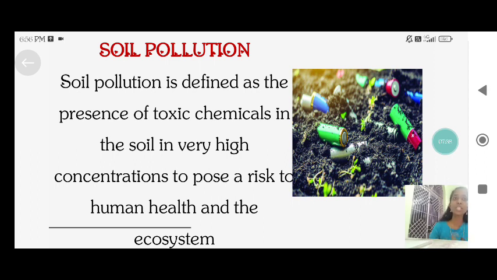One of the major roles in polluting the soil is for whom? Humans. So we are polluting the soil. If we think about this every day, only then can we reduce soil pollution.